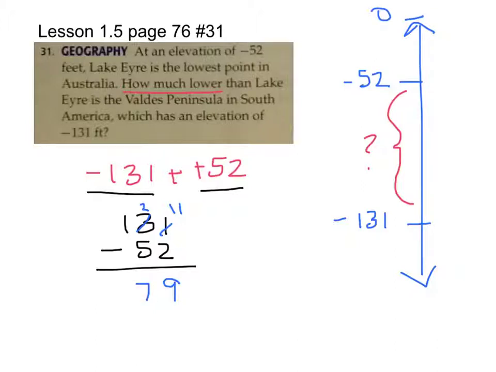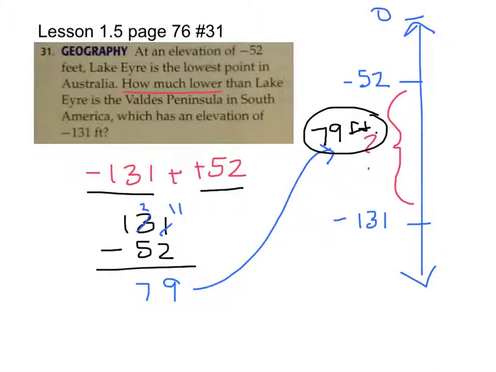So this distance in between those two elevations is 79 feet. And because it's a distance, we're going to leave that as a positive. If you consider this a negative 79, that would be fine too, because it is a drop of 79 feet.